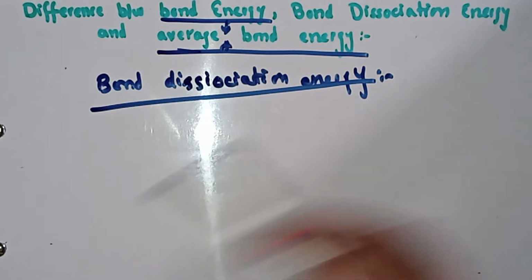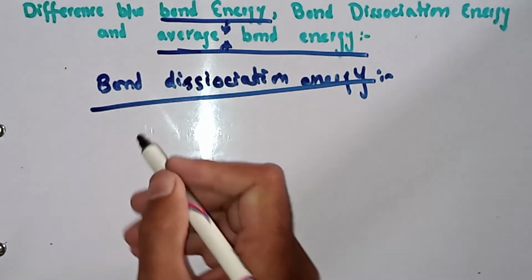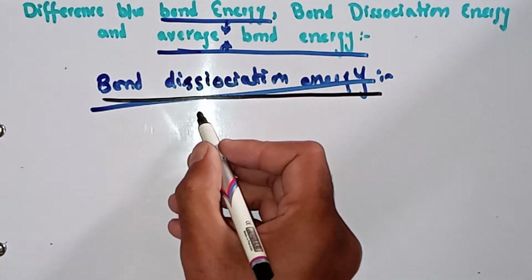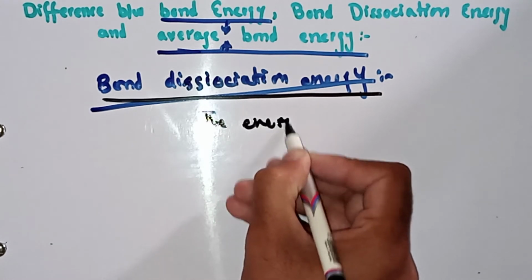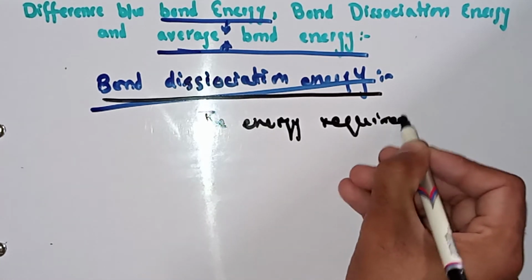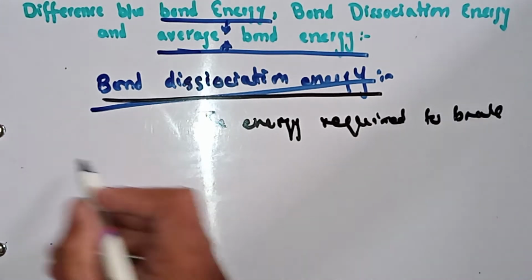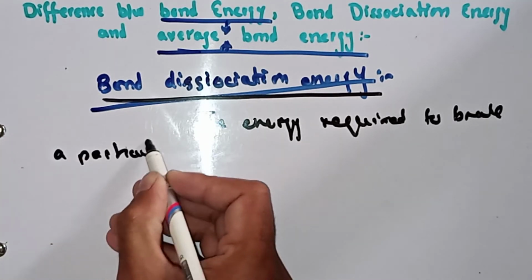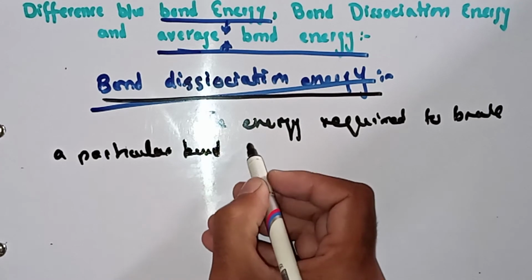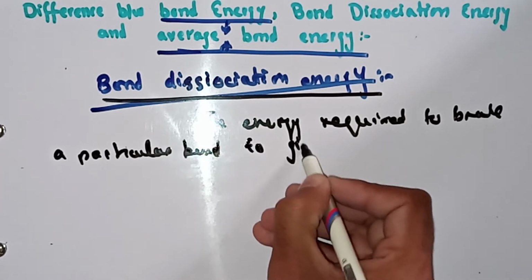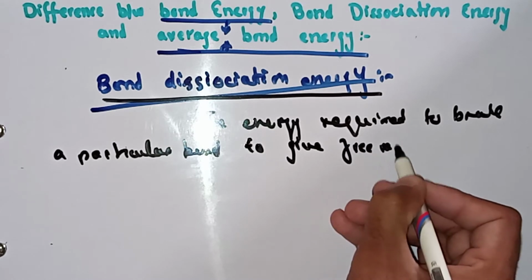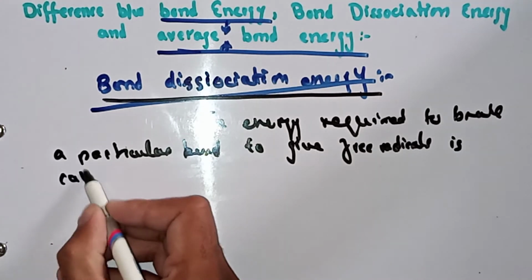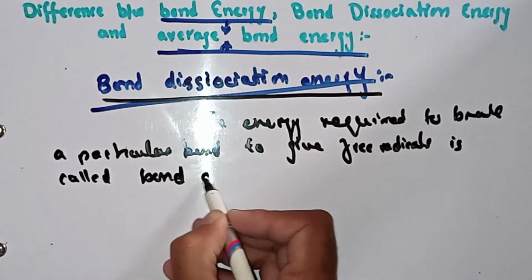Bond dissociation energy is the energy required to break a particular bond to give free radicals.